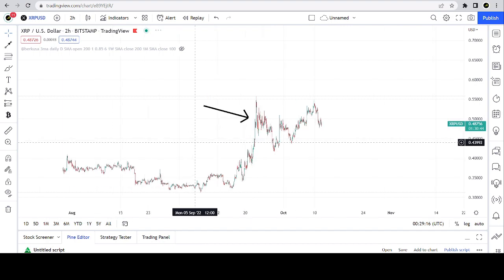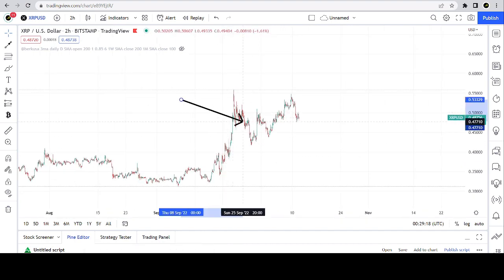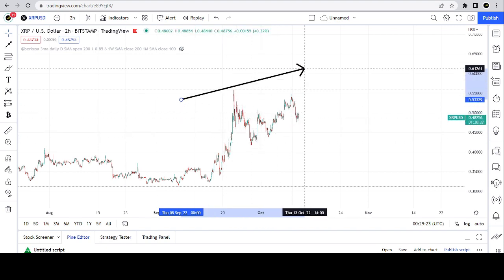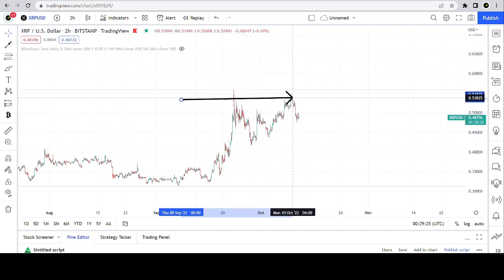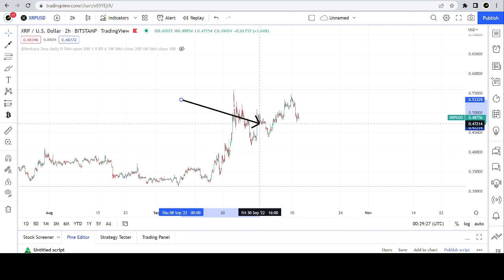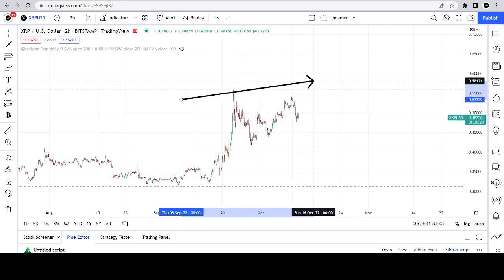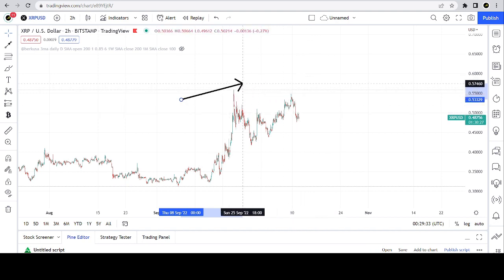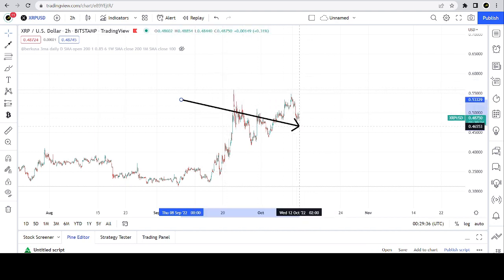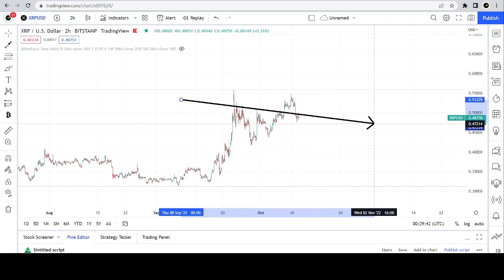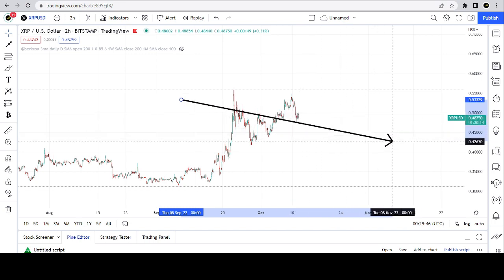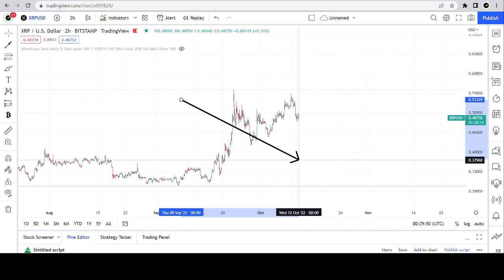So my thinking is, until I see confirmation that this fractal is not at play, the pattern that has played out here, that has played out here, and that potentially is playing out here, then I will change my mind and say, okay, well, this could be the peak, and now we are going to go into that winding down part of this overall fractal.